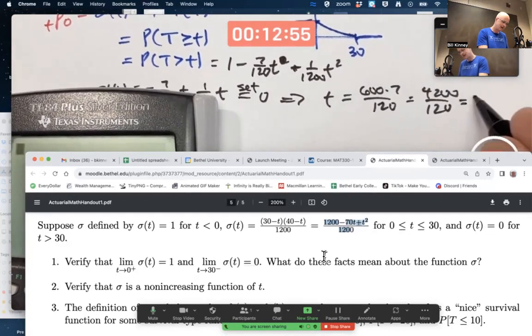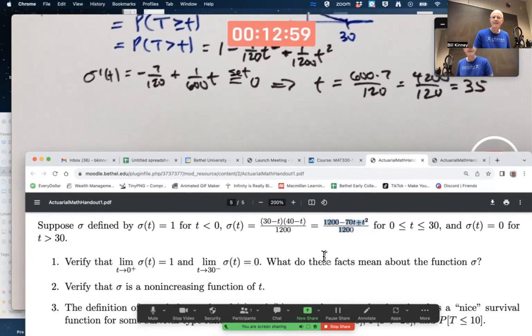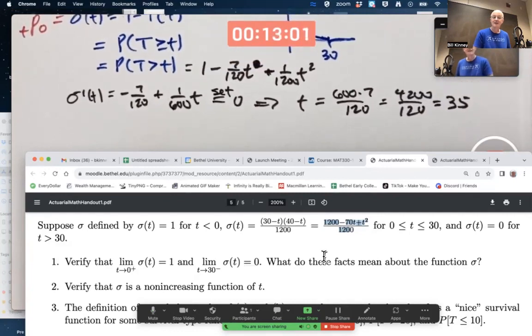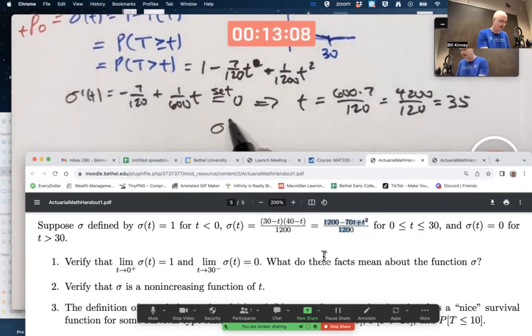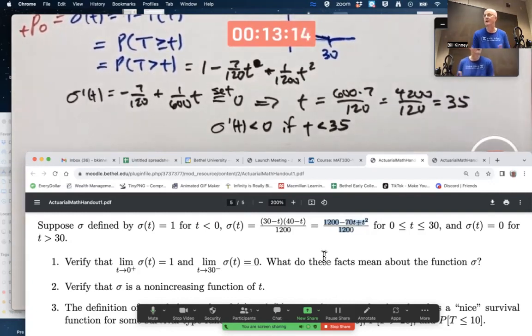Does it come out nice to 35? Yeah, that makes sense since the parabola is going to have a minimum at 35. So that's where the derivative equals 0, and it's negative when t is less than that. Sigma prime of t is negative if t is less than 35, in particular if t is between 0 and 30. And there's another verification that this is non-increasing over the most interesting interval.